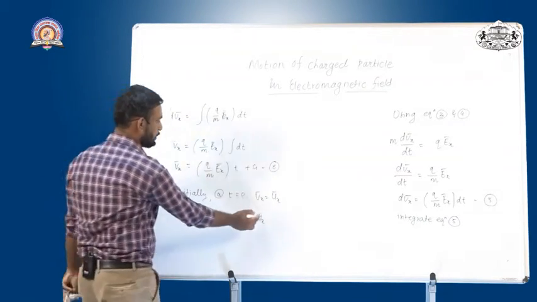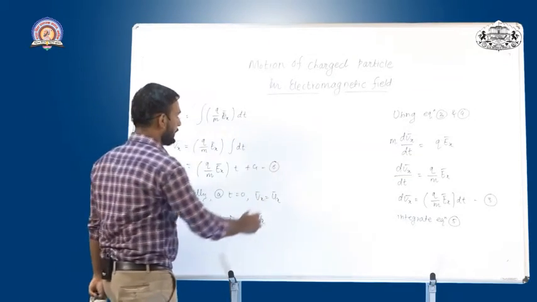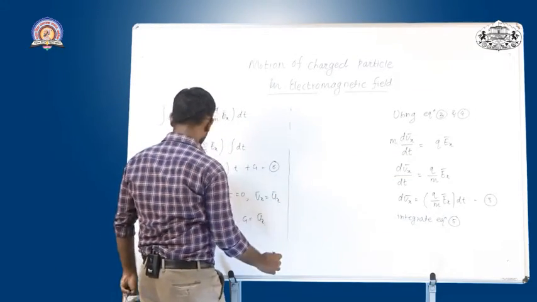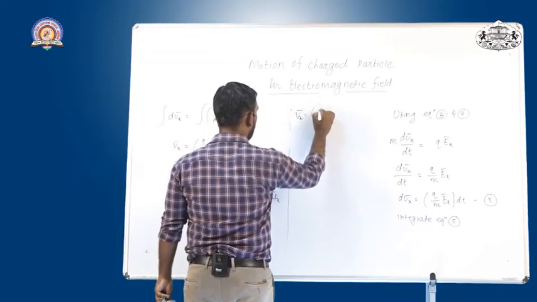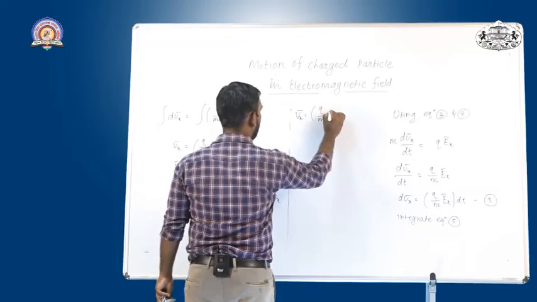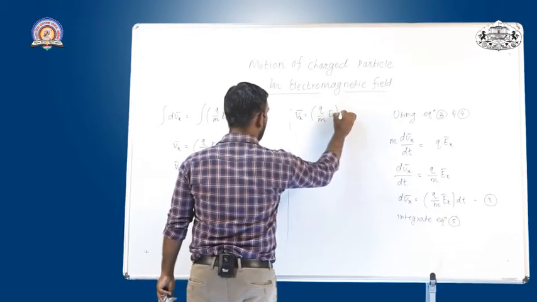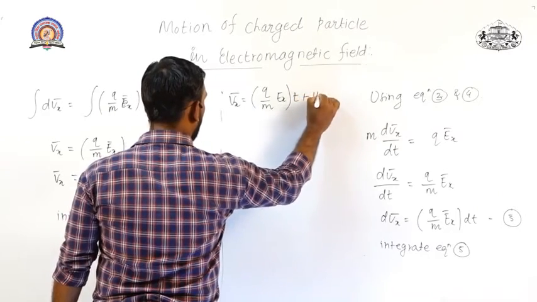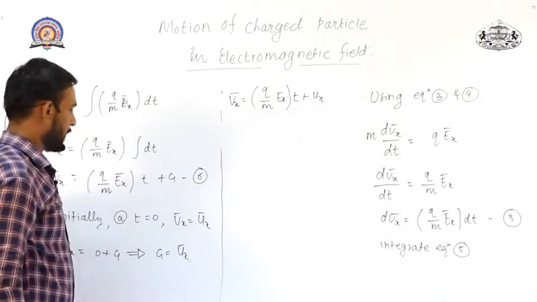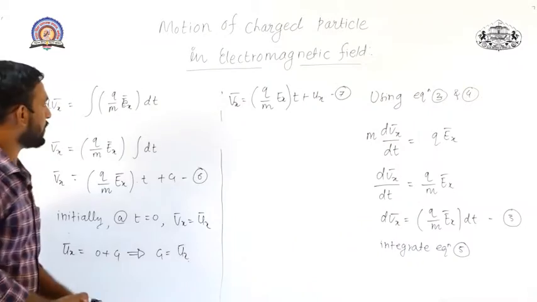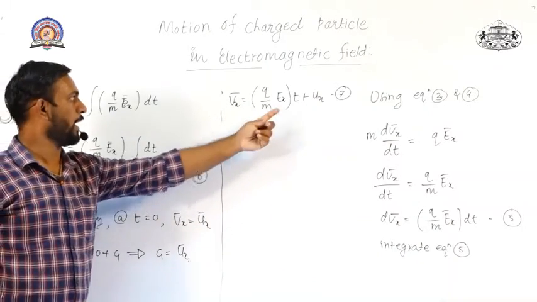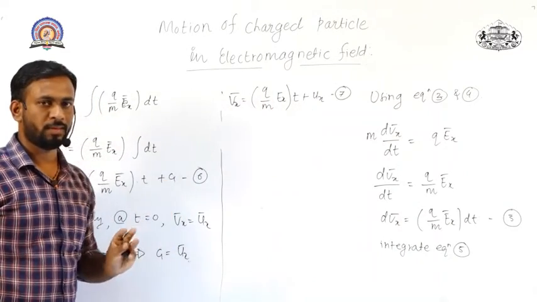If I substitute this value in equation 6, you will get vx equal to q upon m Ex into t plus ux. This is equation number 7. So this is the velocity of the charged particle at any time t in the electric field.